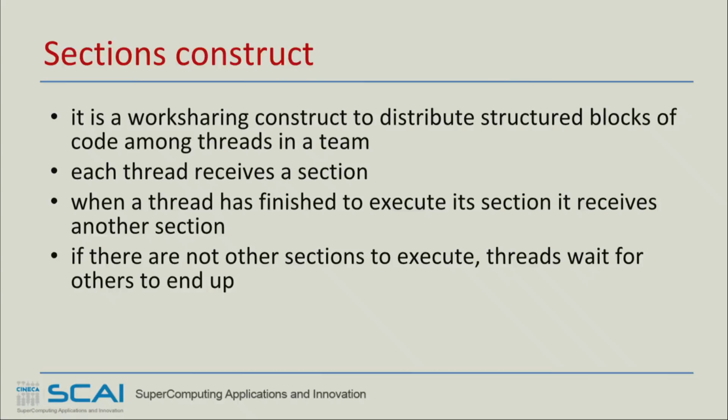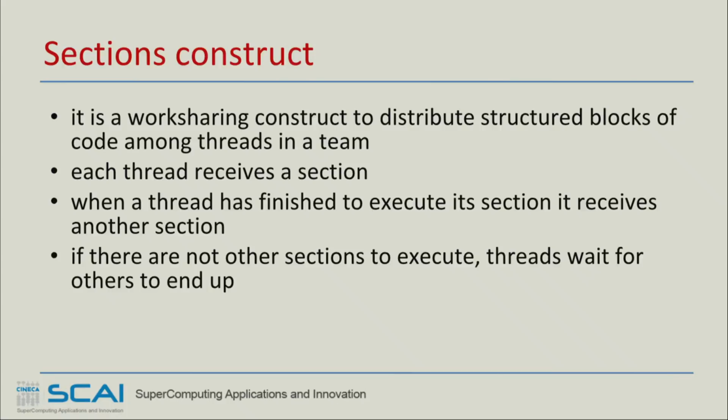In some cases, I may want to identify different parts inside my code that I want to make parallel. So I have, for example, a part of the code that can be executed in parallel with another one. So I can define two sections that are meant to run in parallel. I identify two blocks of code, and I define that they are sections that can be executed in parallel.